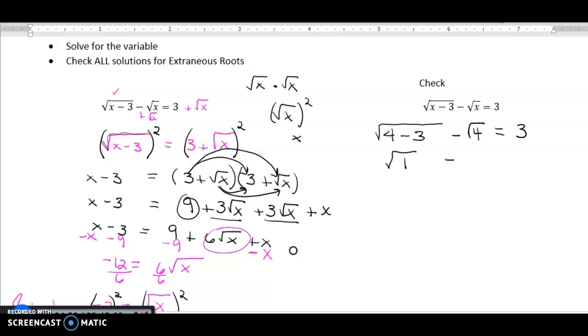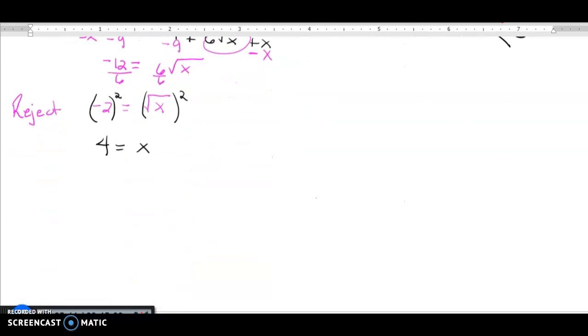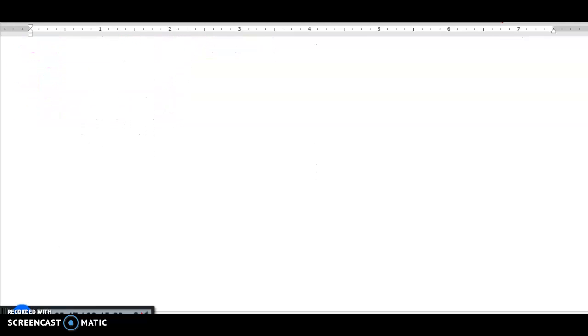So I have the square root of 1 minus the square root of 4. The square root of 1 is 1, minus the square root of 4 is 2. So I get negative 1 equals 3. That is not true. That means that this is an extraneous solution. So no solution, in other words.